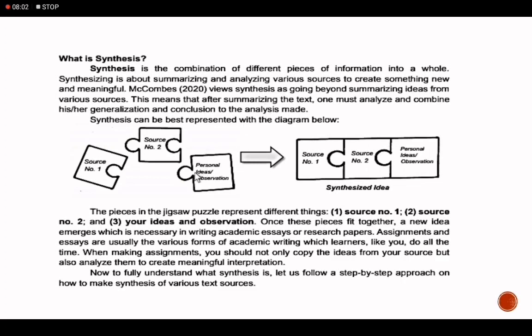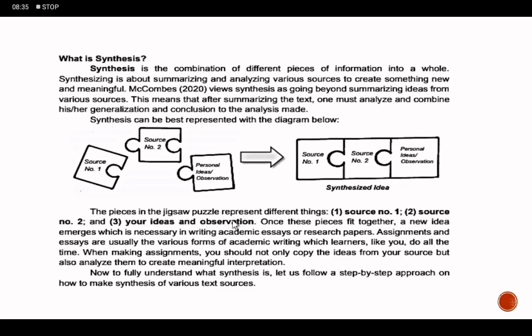Let's look at this diagram below. So we have source number 1. Source number 2. Personal ideas and observation. Let's add them all together. We have source number 1 plus source number 2, personal ideas and observation, equals synthesized idea. So like this jigsaw puzzle, source number 1, source number 2, and our own ideas represent different things.